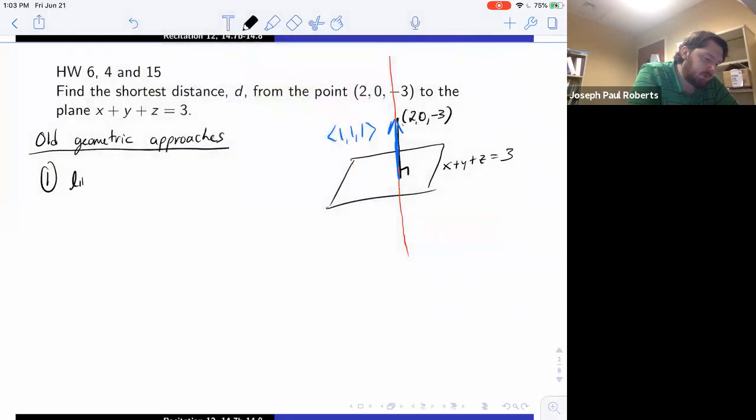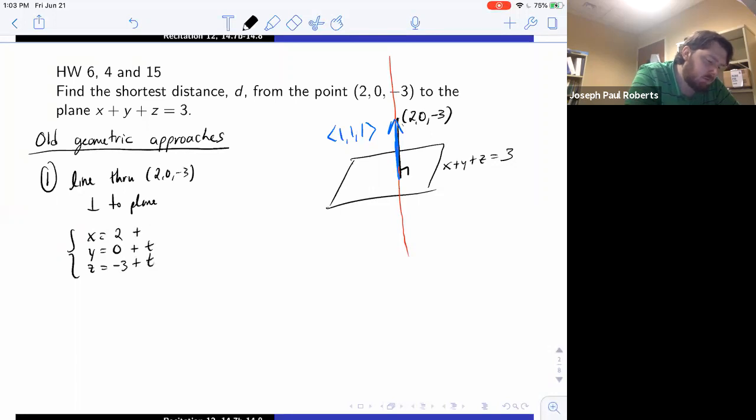So the line through 2, 0, minus 3, that's perpendicular to the plane, will be given by x is, well, our point is 2, 0, minus 3, and then our direction vector of the line is going to be 1, 1, 1, so x is 2 plus t, y is t, z is negative 3 plus t.